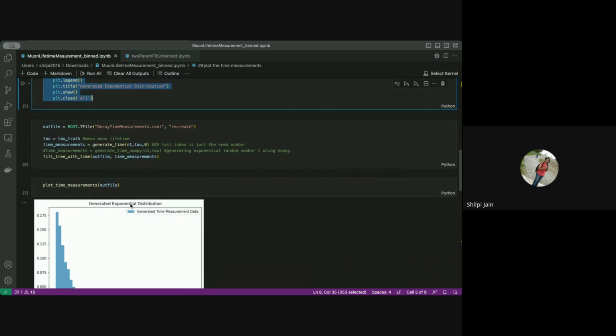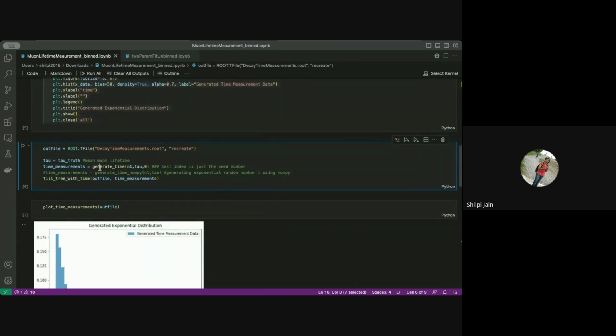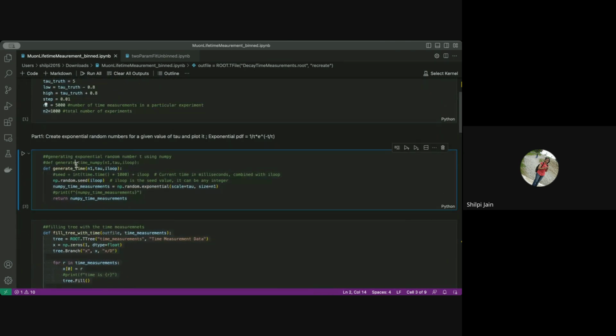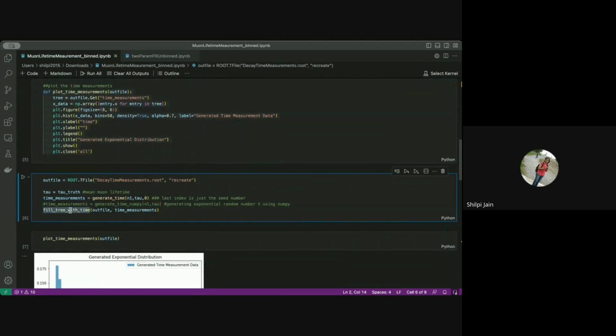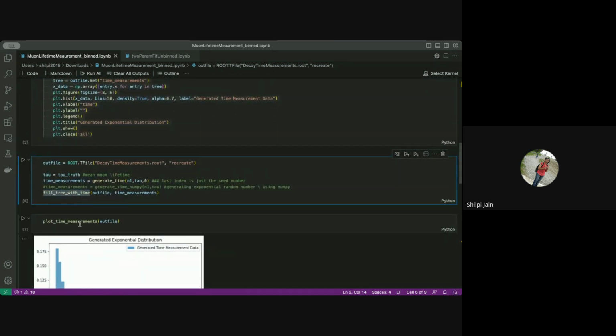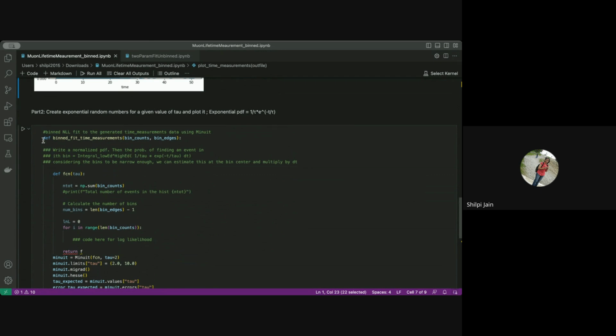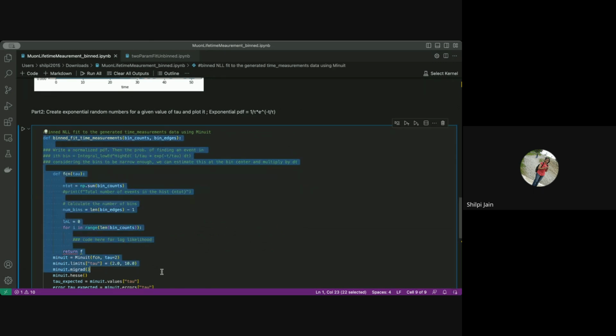I'm just creating one output root file and providing the tau truth, which is 5 here, and then generating 5,000 random variables of time measurements, calling this function, and then filling the tree with time. This created a root file, and then this is just histogramming. Then this is the function where you have to start coding.